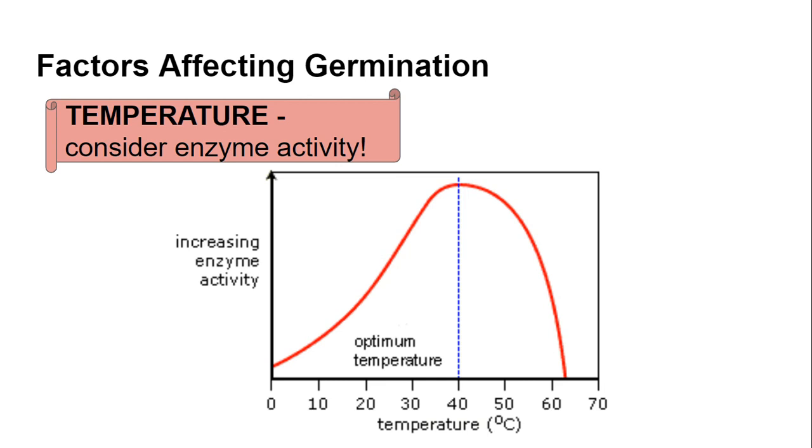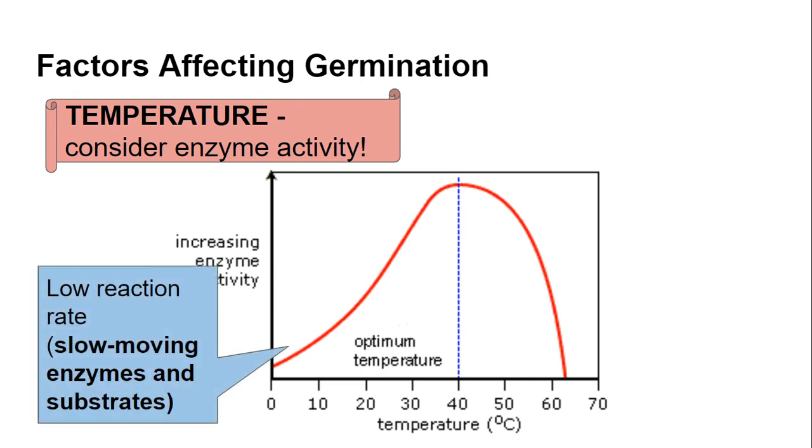And then finally, temperature is another factor that affects germination. And the reason for this is because germination involves lots of biochemical processes that all involve enzymes. And as we learned in the fall, temperature affects enzyme activity. And so temperature has the same effect on germination that it has on enzyme activity because of the enzymes involved in germination.